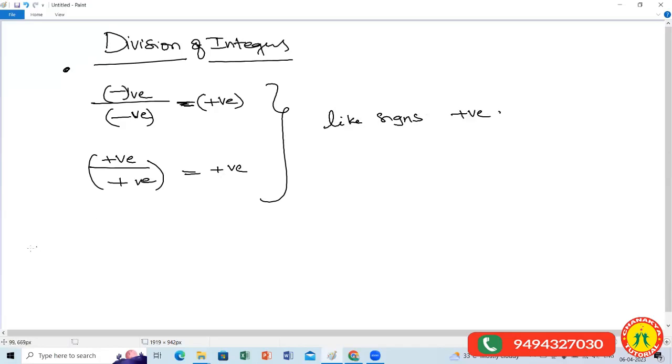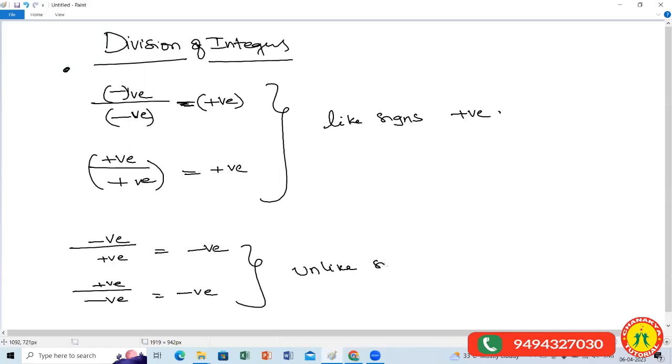And now coming to any one of the negative, either numerator or denominator, you will get negative. Very good. And the same way positive divided by negative is also negative. Very good, Nana. These are unlike signs. Unlike signs, negative.